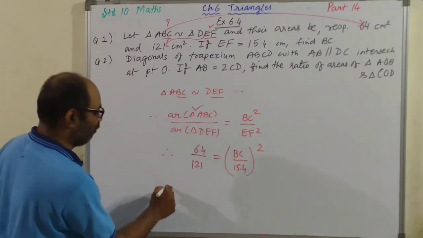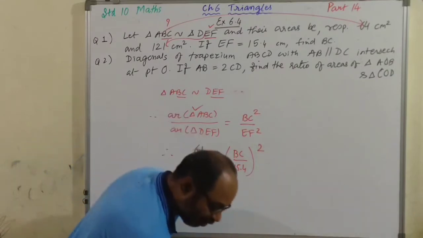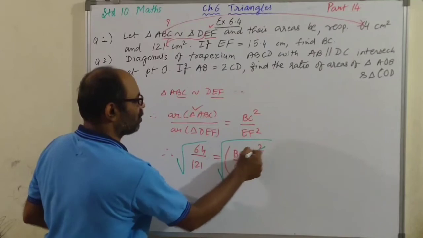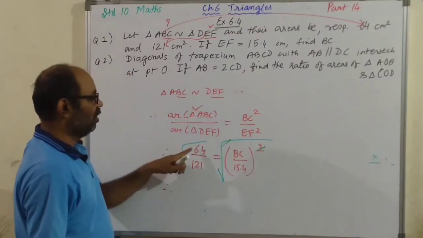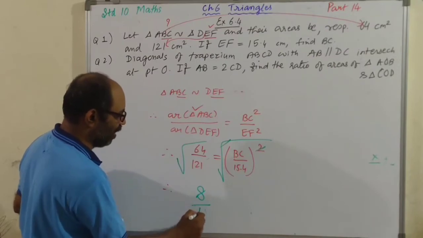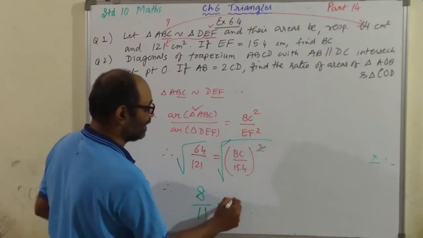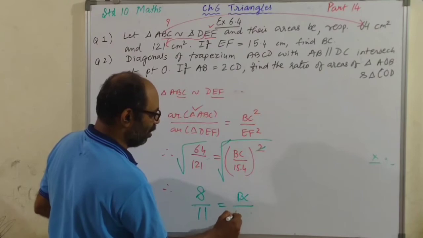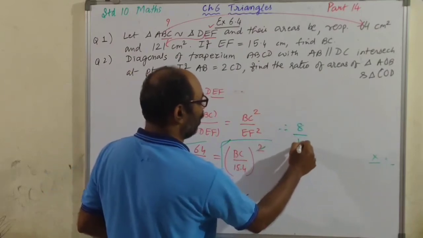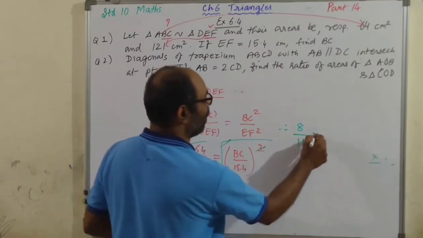Now, therefore, taking square root on both sides. All right. What is square root of 64? 8. Square root of 121? 11. Okay, that is equal to BC upon 15.4. चलिए, therefore 8 upon 11, 15.4 ऊपर जाएगा.